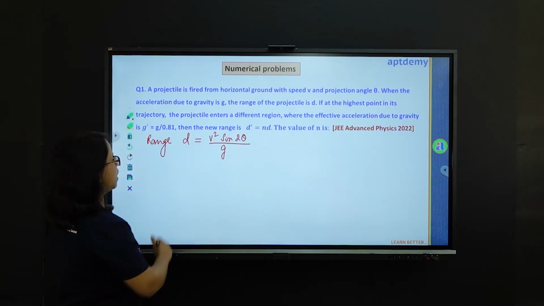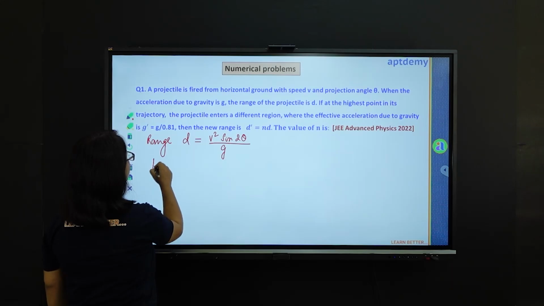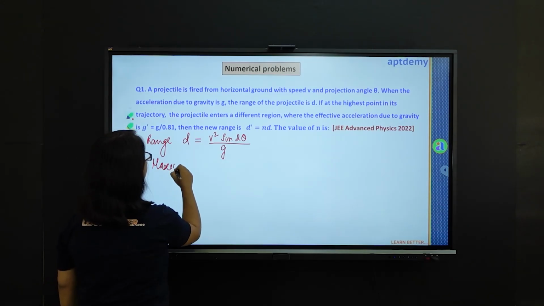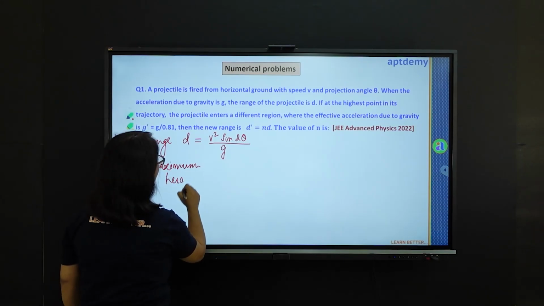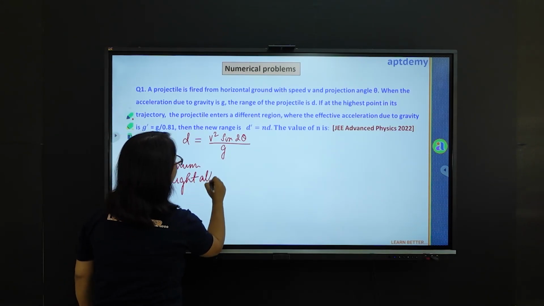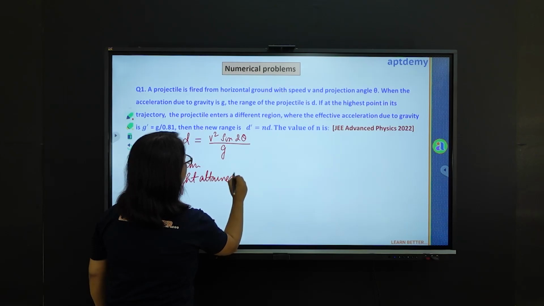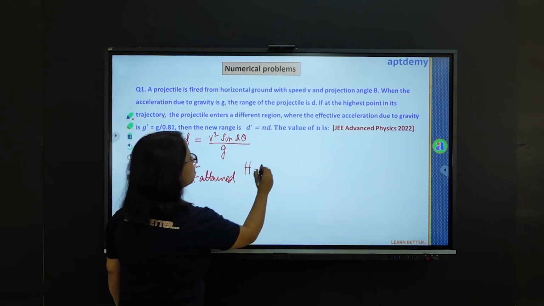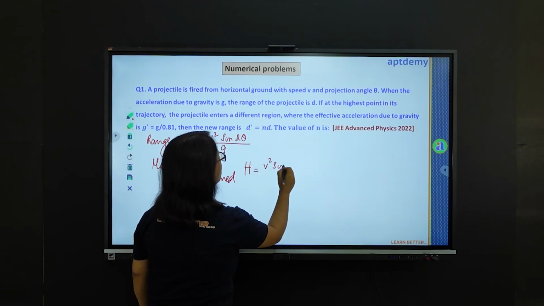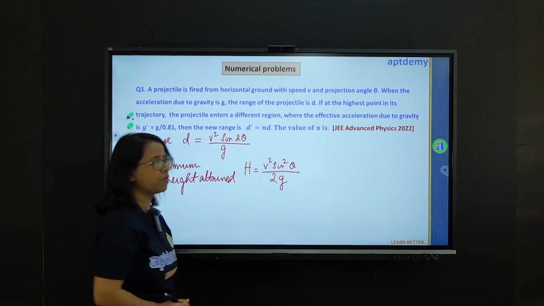Now if this is the case, the maximum height attained by the projectile. The formula for the maximum height is given as h equals v square sine square theta by 2g.